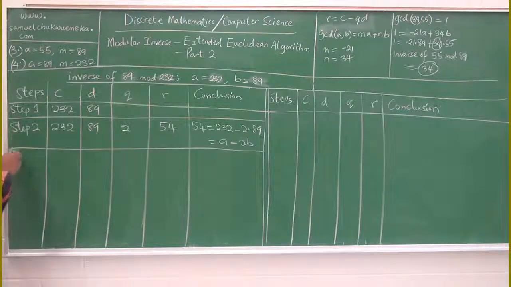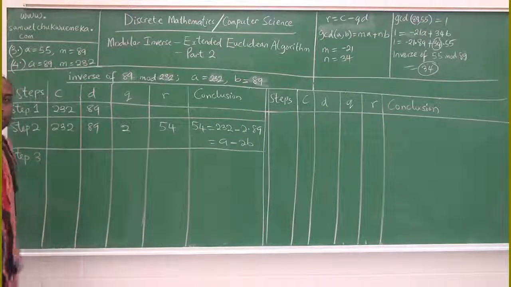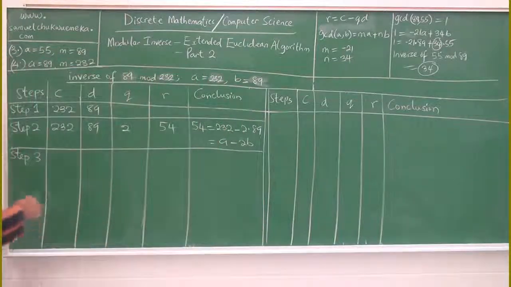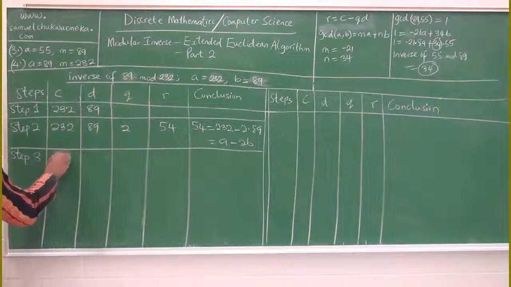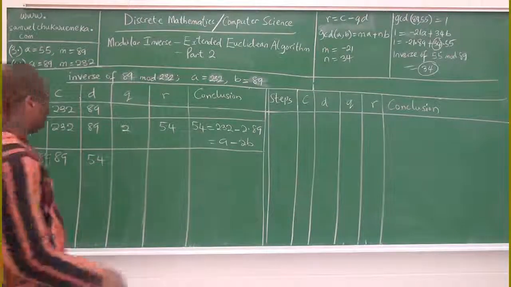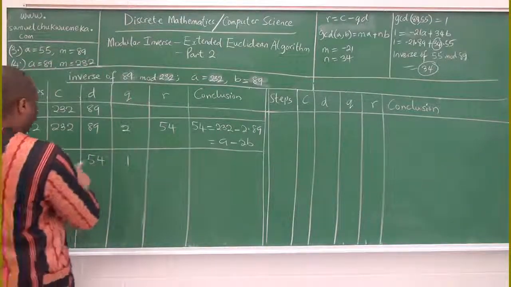So, step 3, we now have what? Because this is 54, we are not near yet. Okay? We now have D to be C, 89, and then here to be 54, right? When you divide it, it's going to give you what? 1 remainder.